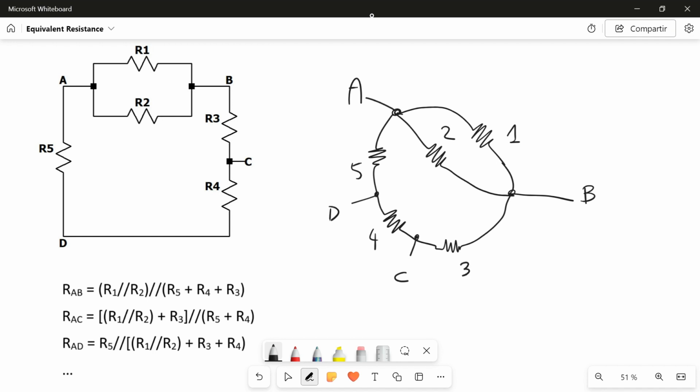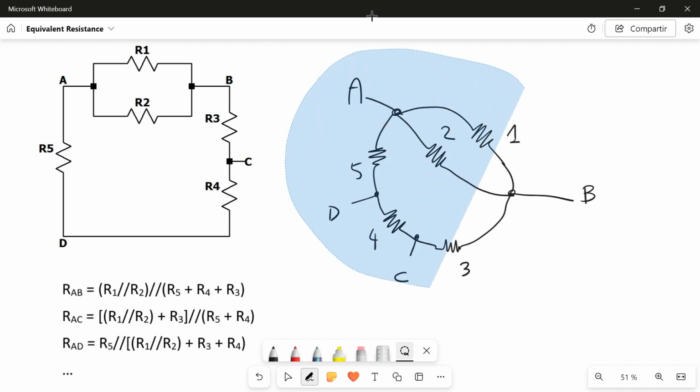So basically the result is the parallel between R1 and R2 in parallel with the sum of R5, R4 and R3. This parenthesis here actually is redundant because I can also avoid it. Anyway, you see this from this drawing. And this is between A and B.